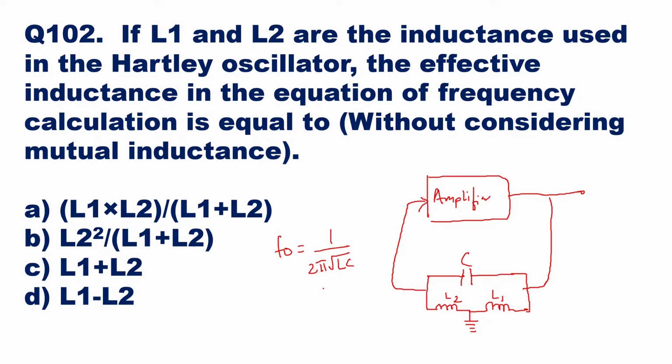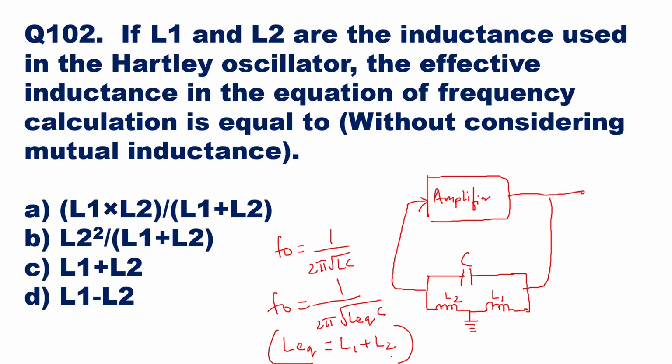Now here, because your tank circuit is having two inductances L1 and L2, this formula becomes for Hartley oscillator 1 by 2 pi under root L equivalent into C. Now here L equivalent is nothing but the series combination of L1 and L2, so L equivalent is nothing but L1 plus L2.